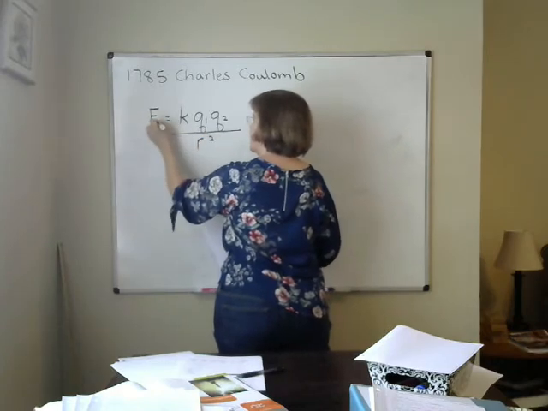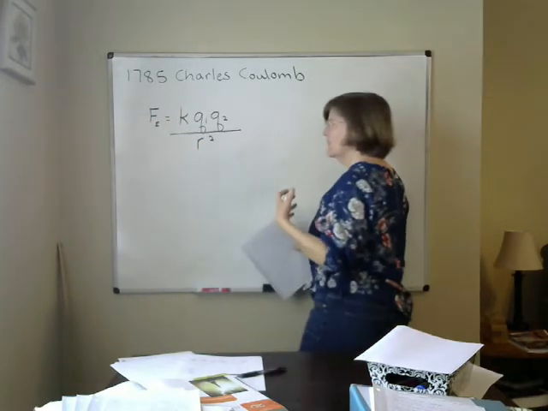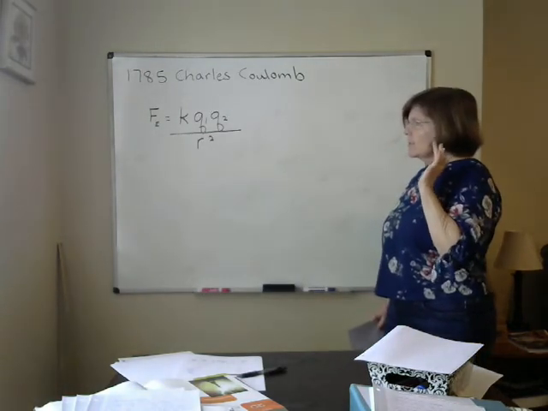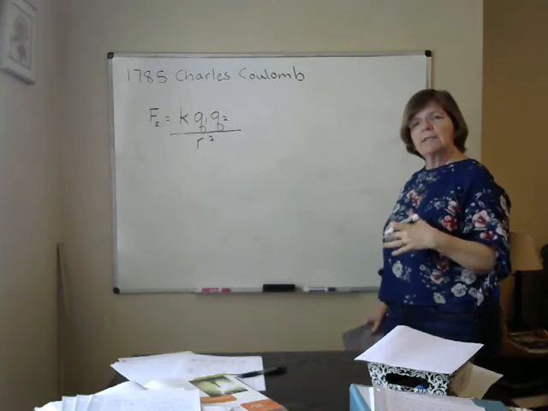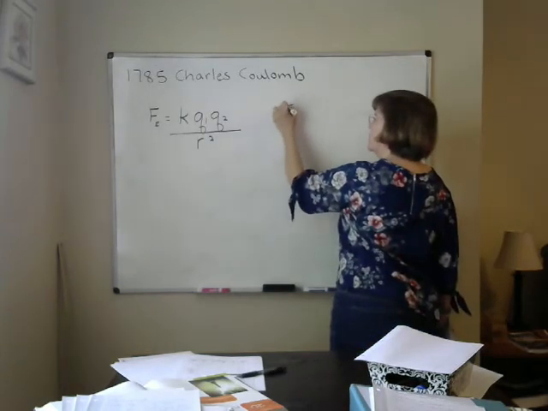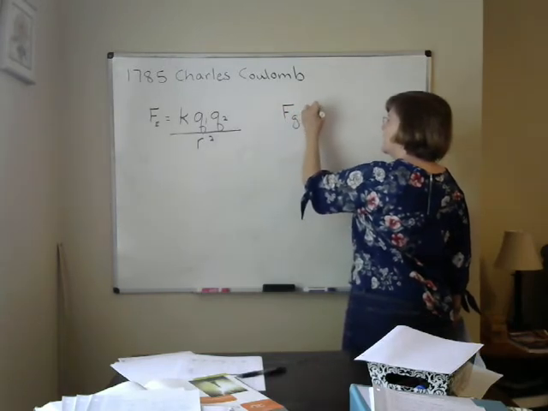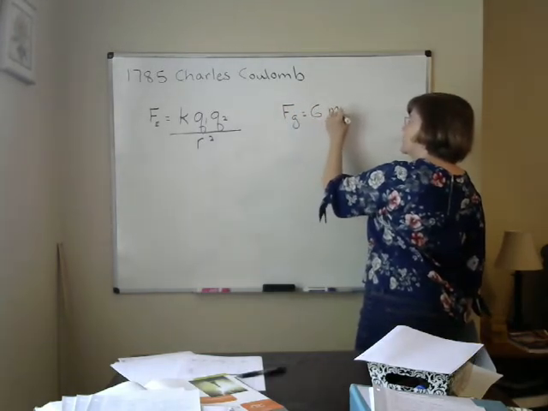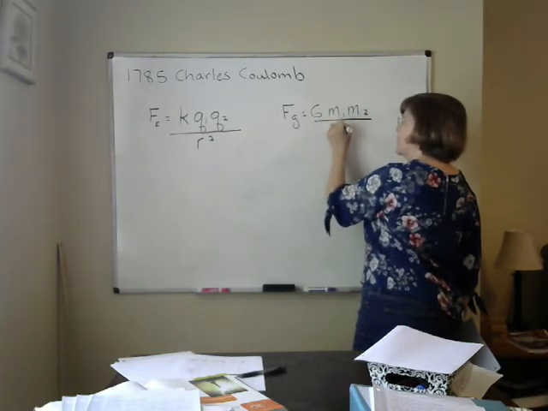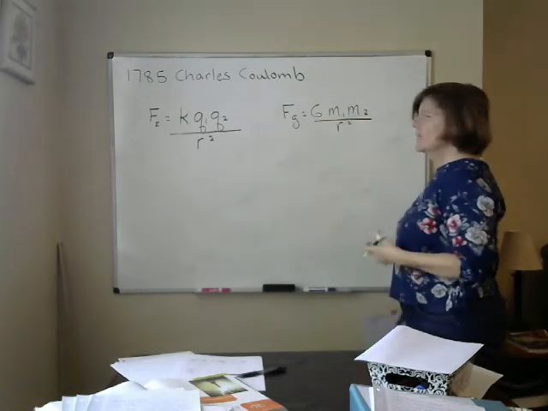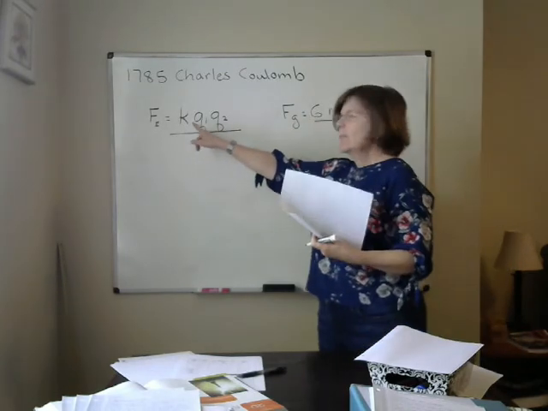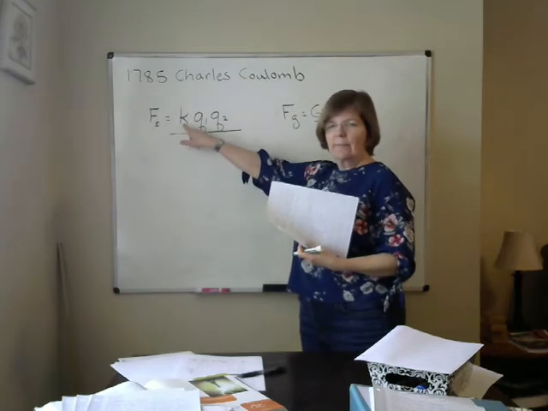And that's the electrostatic force, okay? If you look at that, it looks almost exactly like the gravitational force. Remember our gravitational force? It was equal to capital G, mass 1, mass 2, over R squared. We have different constants. This has a gravitational constant. This is a number we call Coulomb's constant.